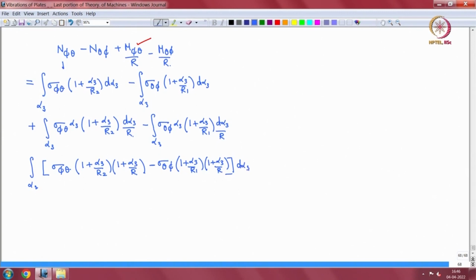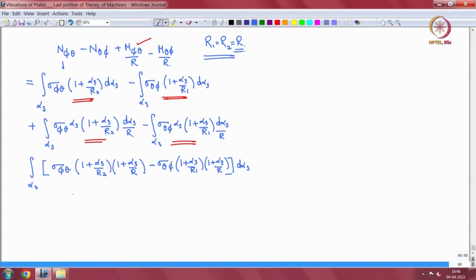Now r1 is equal to r2 is equal to r, the radius of the shell. I wrote it in this way just to remind you of what the moment resultants are from the definition. But otherwise for the spherical shell this is what it is.